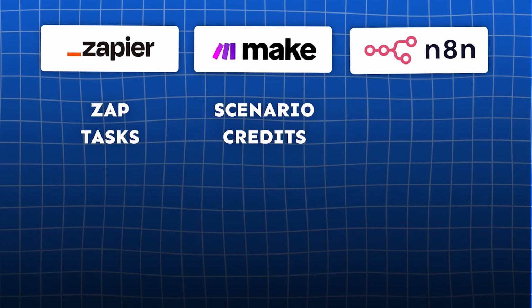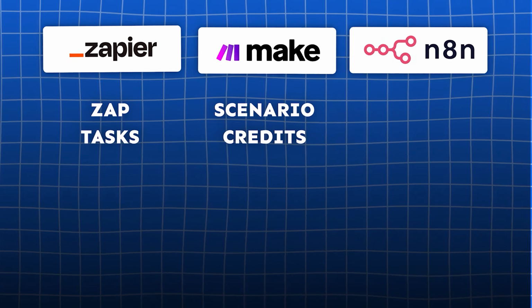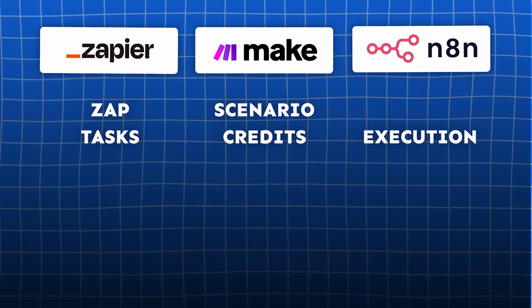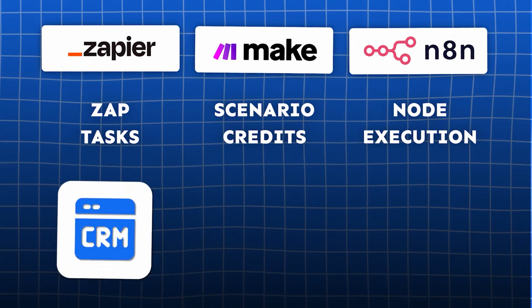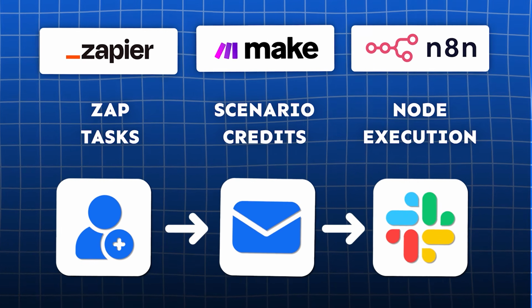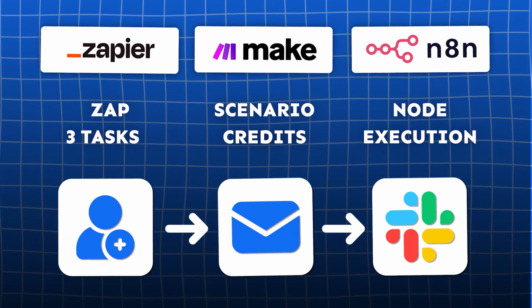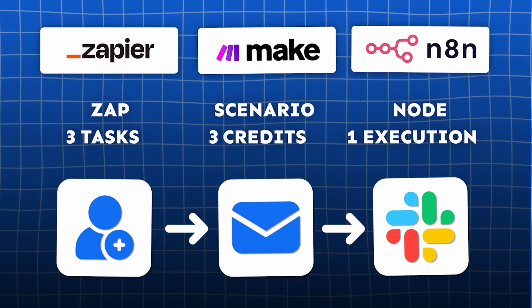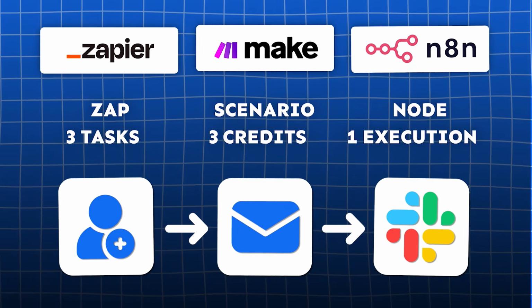In n8n, it's called a workflow, and the entire run is an execution, with each step inside being called a node. So let's say your automation adds a contact to your CRM, sends a welcome email, and notifies your team. That's 3 tasks in Zapier, 3 operations in Make, and just 1 execution in n8n, regardless of how many steps you include. So even if you aren't relying on self-hosting through n8n, it's still going to be the cheaper option.